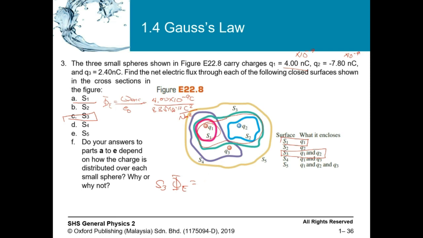Now we have two charges, therefore we just add them. So Q1 is 4 times 10 to the power of negative 9, plus negative 7.80 times 10 to the power of negative 9, over 8.85 times 10 to the power of negative 12.